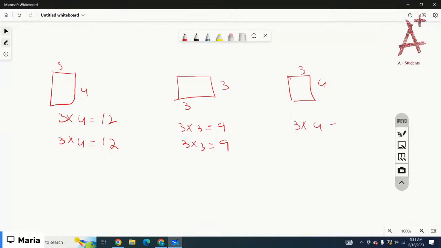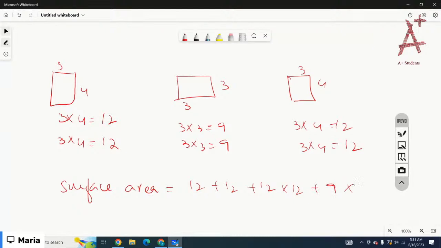It would be 3 times 4 is 12 and 3 times 4 is 12. For the surface area, you have to add all the areas. 48 plus 18, it would be 66. Got it? So the correct option is 66.